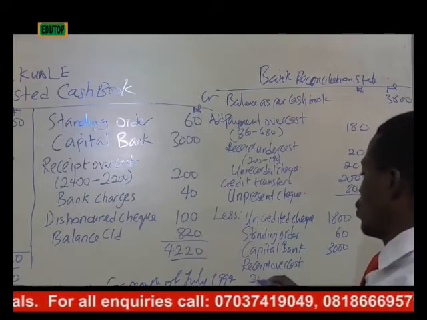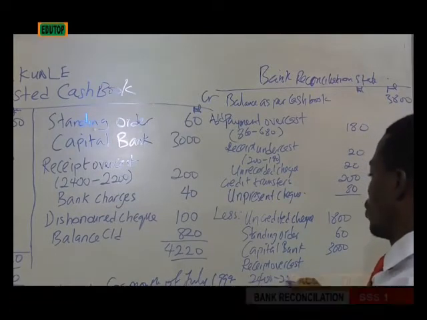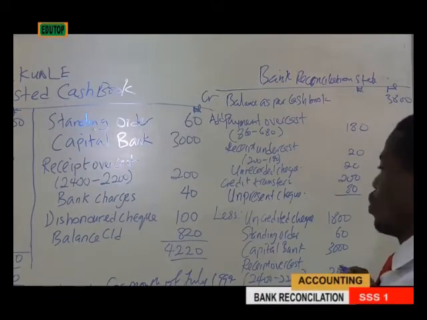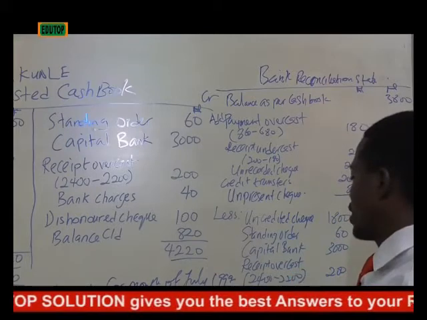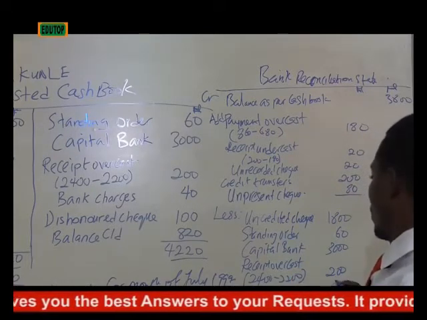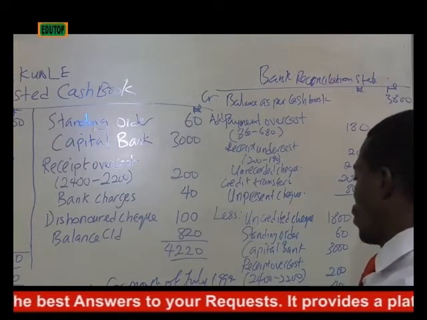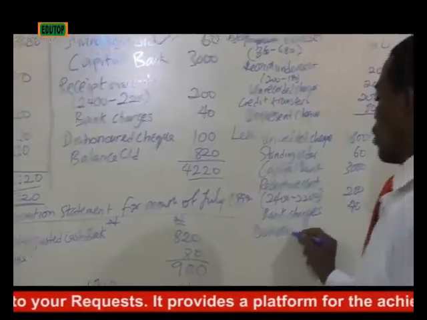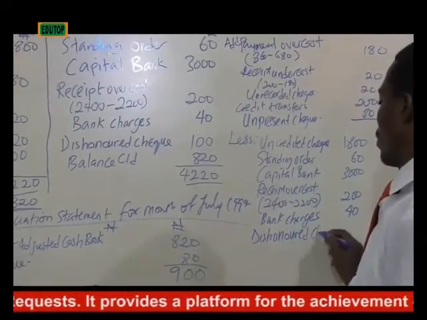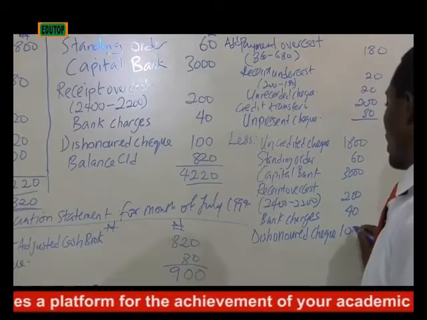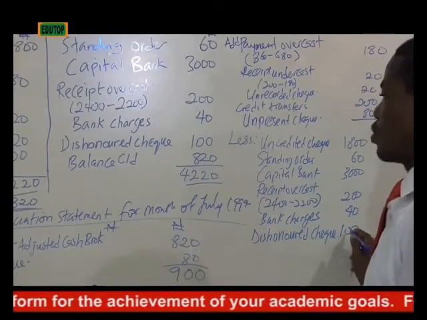overcast, 240 minus 200, which is 200. Then bank charges, that is 40 naira. Dishonoured cheque, that is 100 naira.